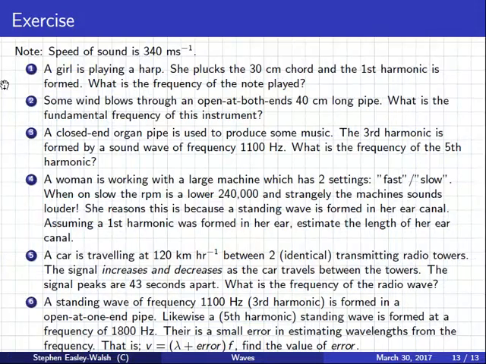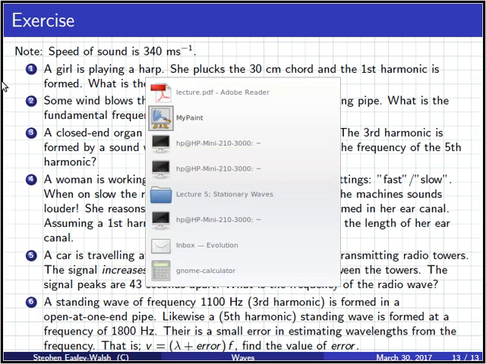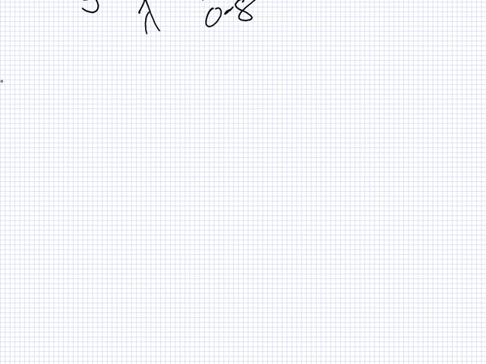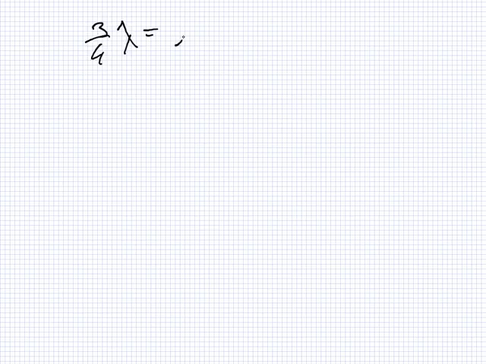A closed end organ pipe is used to produce musical notes. The third harmonic is formed at 1100 and the fifth is at what frequency? Closed at one end and open at the other. So the third harmonic, if it's closed at one end, they go up in quarters. So the third harmonic has how much of a wave? 3 over 4 of the wave is in the length of the pipe.